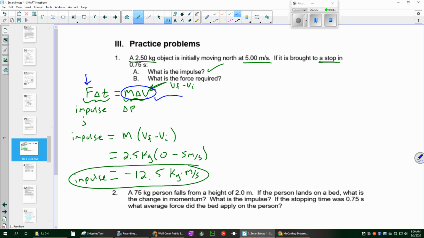So the force is equal to negative 12.5 kilograms times meters per second divided by a time of 0.75 seconds. So we get a force of negative 16.7 newtons.